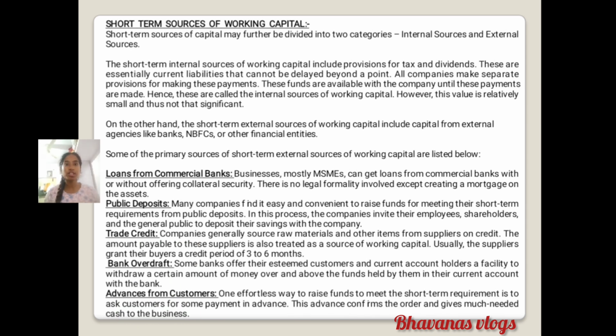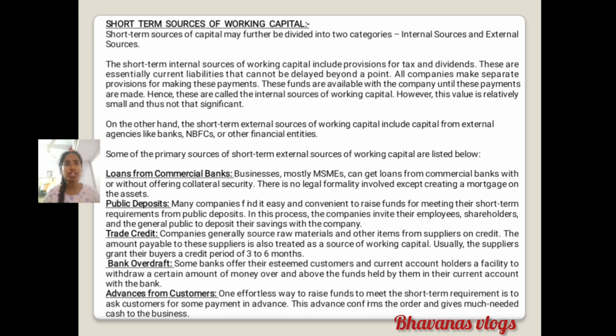In this slide you can see the short term sources of working capital. Basically, short term sources can be divided into two categories: one is internal sources and another one is external sources. Internal sources of working capital depend upon providing for taxes and dividends. These are essentially current liabilities that cannot be delayed beyond a particular point.